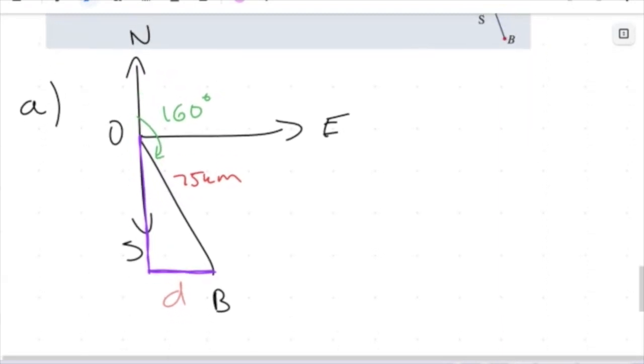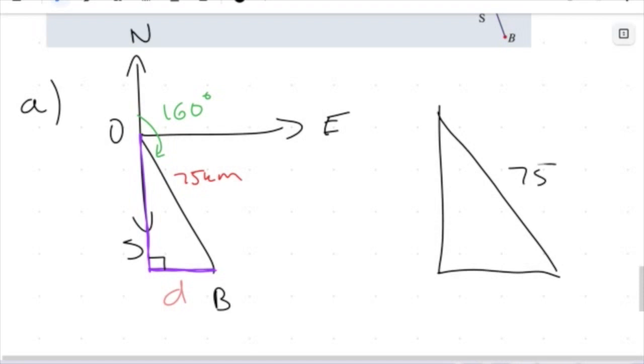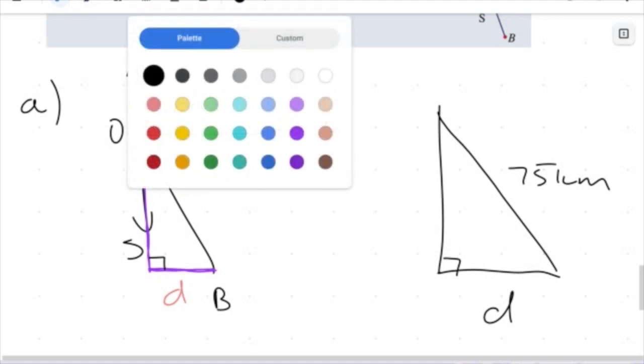Now, we are asked to find D, and we have a right angle triangle because once again, the east direction is always perpendicular to the north direction. We have a right angle triangle. Let me actually draw it here. We have 75 kilometers, we have D, we have a right angle. But what's this angle in here going to be?